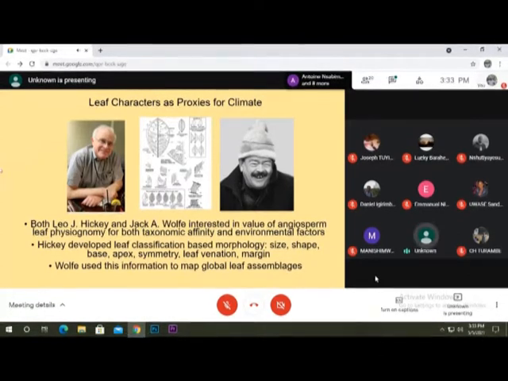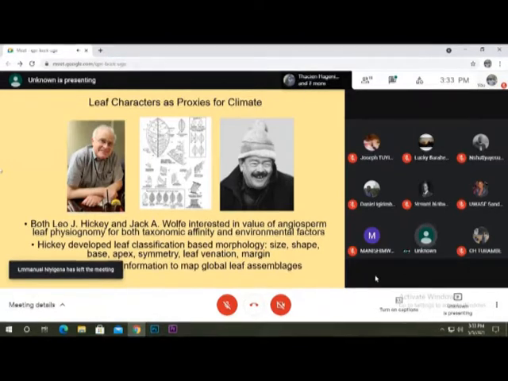So Leo Hickey here, who was at Yale, was a remarkable man. You could tell him a section of rock you looked at from his dissertation site, and he would tell you, if he saw it, he remembered, even though he saw it 30 years ago. So he knew place and time and form of leaves, and used this to document climate change.